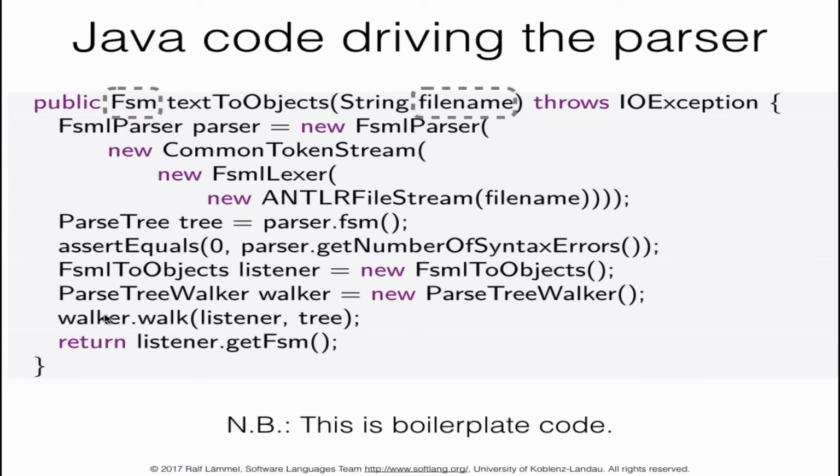And then we tell the walker, hey, here is some listener to listen to while walking, and this is the tree you should walk. And then the listener, our object, after walking, we can just retrieve the FSM object. And so we are done with parsing text into an object.